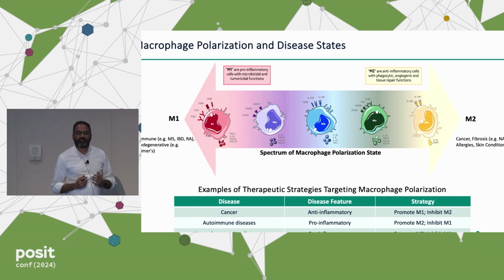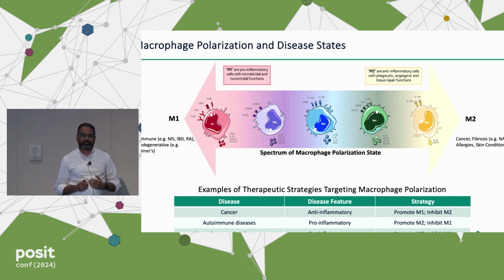So macrophages are basically a white blood cell, basically an immune cell. What's their job? They kill bacteria, dangerous microorganisms. They stimulate other immune system cells. They start off in a state called M0, and they can go to a state called M1, which is pro-inflammatory, or M2, which is anti-inflammatory. Now, when the balance is upset, they can cause disease.